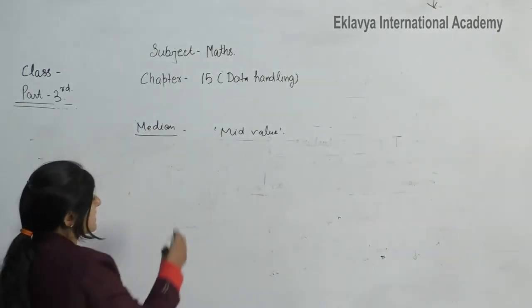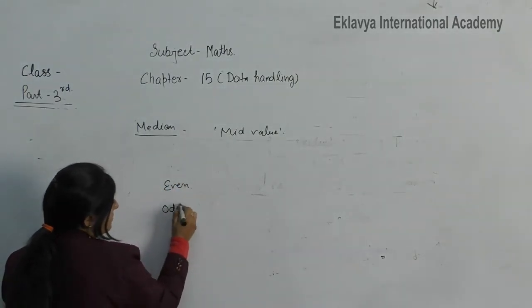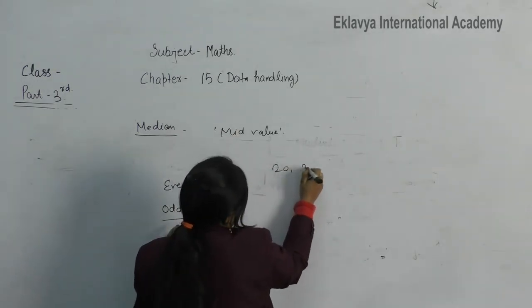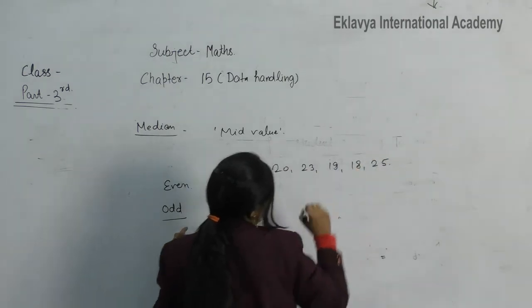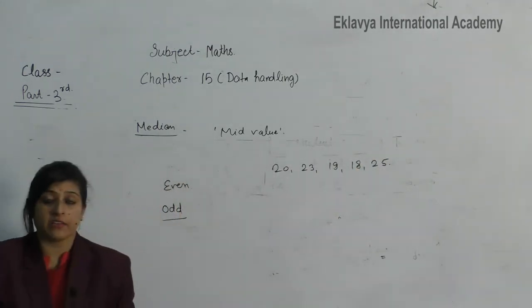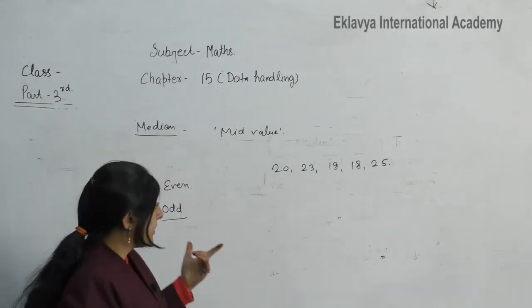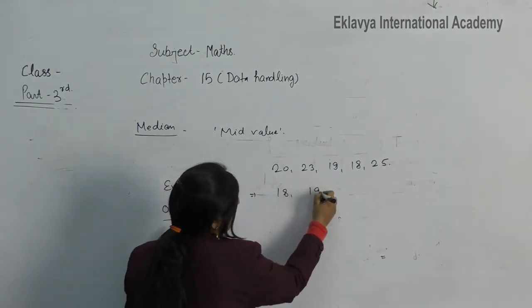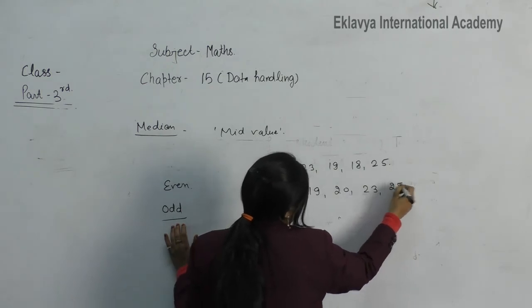Now it depends on whether the numbers are even or odd. Suppose I have 20, 23, 19, 25 and 18. These 5 numbers I have. Firstly, I will arrange them in ascending order: 18, 19, 20, 23, 25.